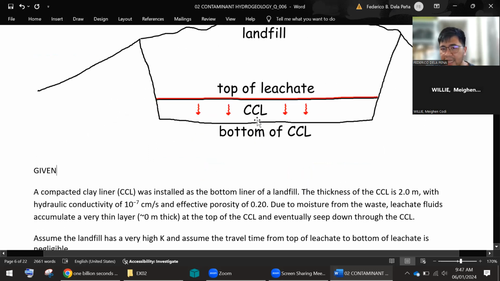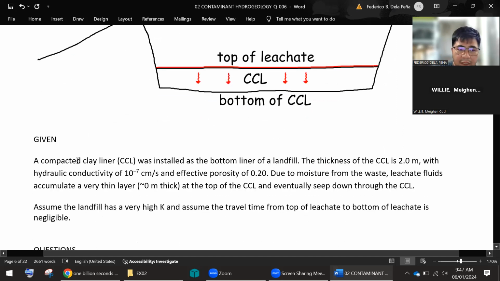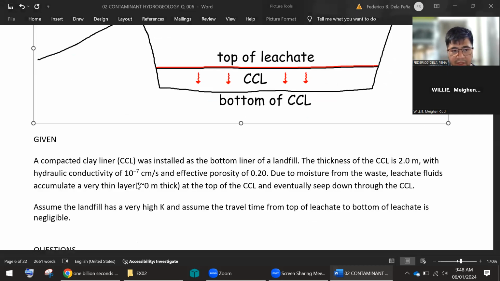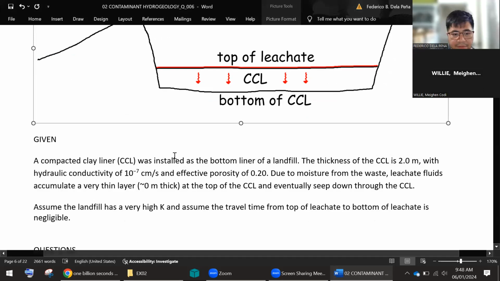Hence your compacted clay liner. Okay, you have your given: your CCL, or compacted clay liner, at the bottom of the landfill. The thickness of the CCL is 2 meters. Let me go back to the screen.